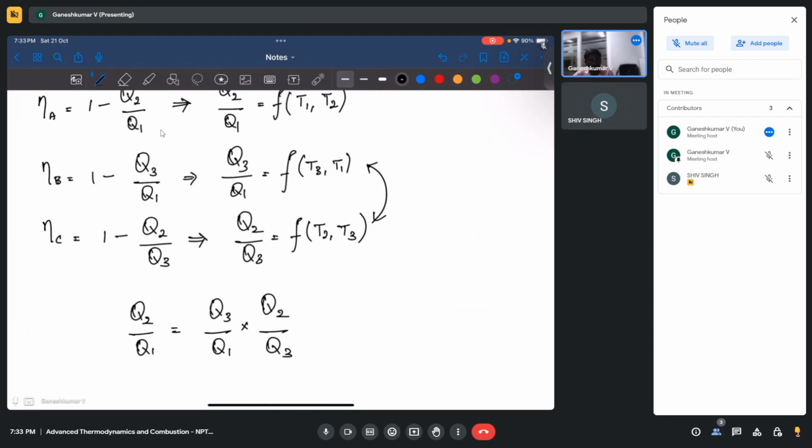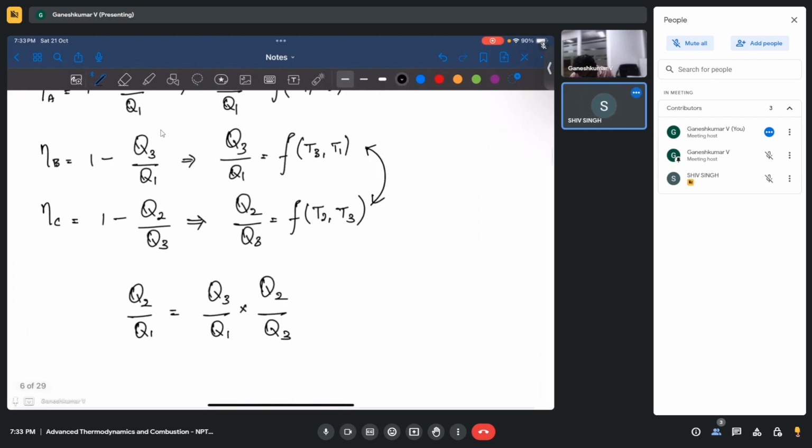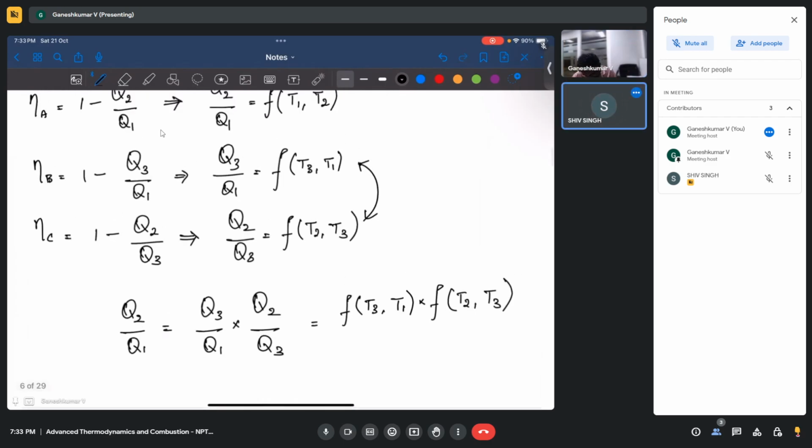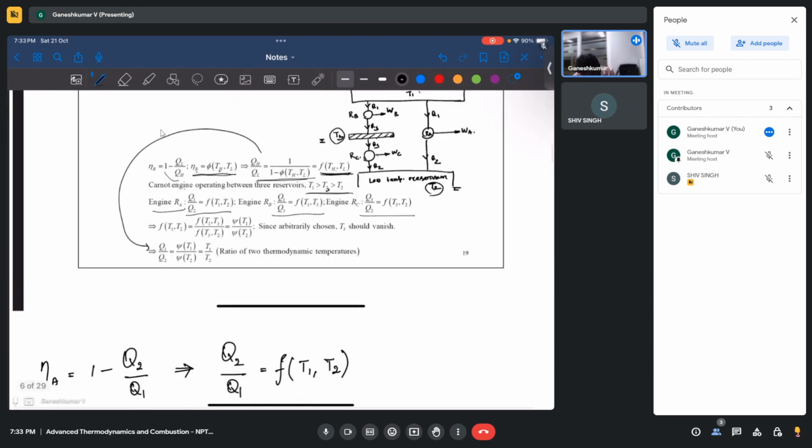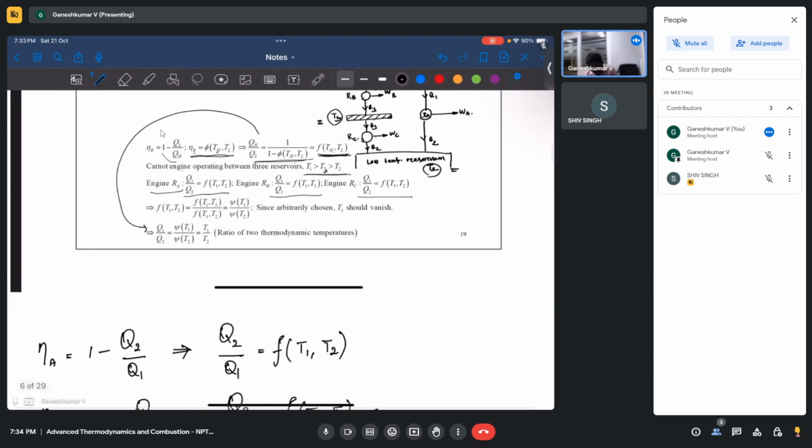What we know is that Q3 by Q1 is a function of T3 and T1, and similarly Q2 by Q3 is a function of T2 and T3. How did they write it? They wrote Q1 by Q2. We wrote Q2 by Q1, anyway.